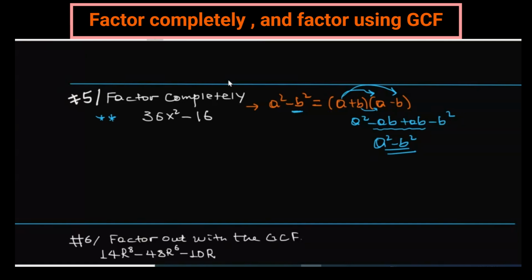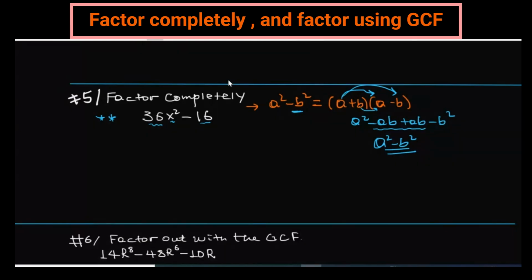Okay, all I have to do now is first recognize that 36 is a perfect square. The x squared is a perfect square because it has exponent 2, and this 16 is a perfect square. What does perfect square mean? Well, 36 is 6 times 6. For 16 it's the same thing: 4 times 4 is 16.